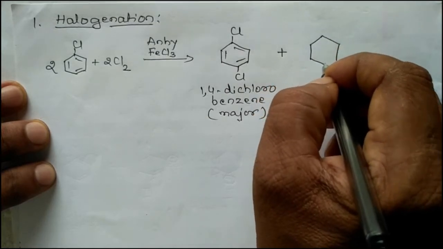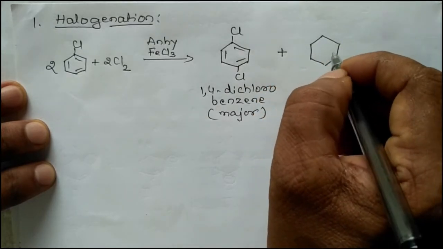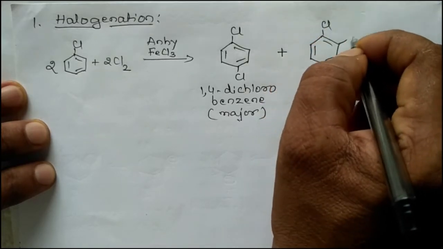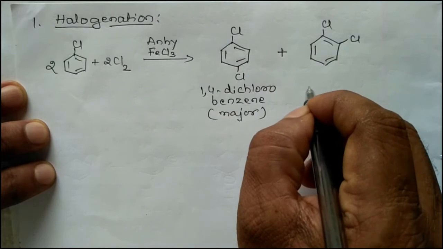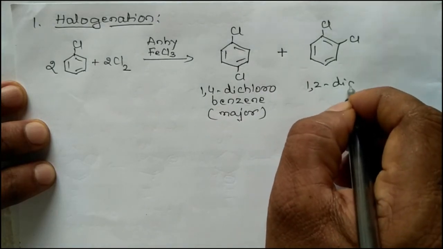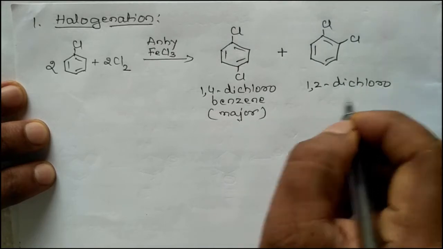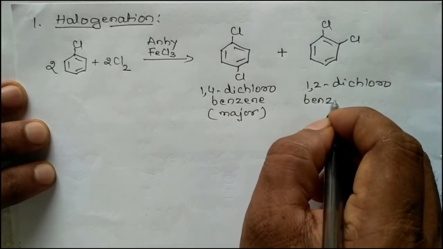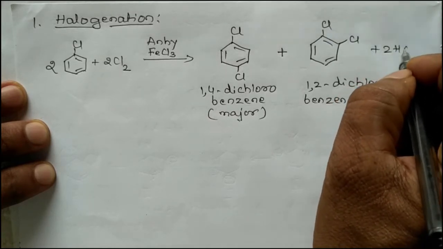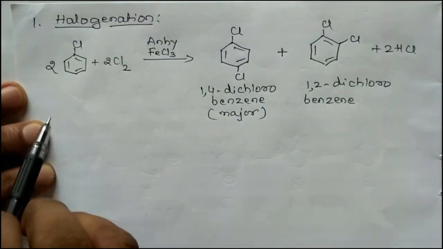Now I will write ortho-dichlorobenzene, which is the minor product. Cl. This is 1,2-dichlorobenzene, plus HCl.